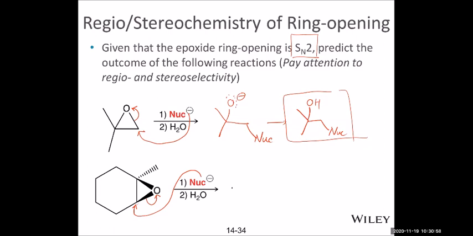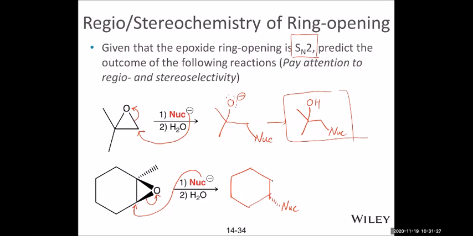For the final product, I'll combine these two steps into one and just show you the final alcohol. The attacking nucleophile should be a dash, because it attacks from the other side. The oxygen is close to me, and the nucleophile attacks from the other side, so that's why the formed bond is dash.